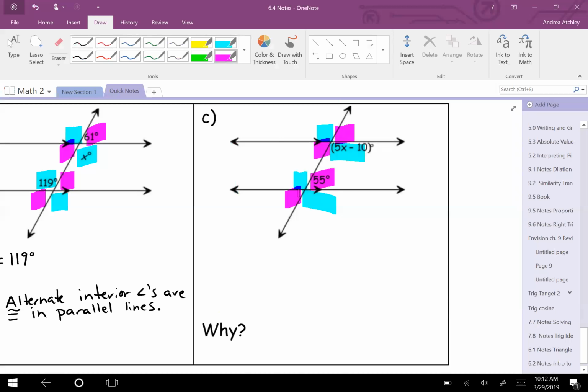Okay, this 5x, very good. I have to combine these two. They're not the same color, so they're not congruent. They are supplementary. So you add them and set them equal to 180. So 5x minus 10 plus 55 equals 180.